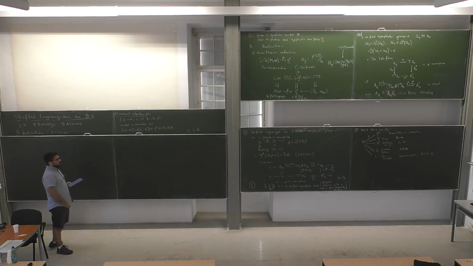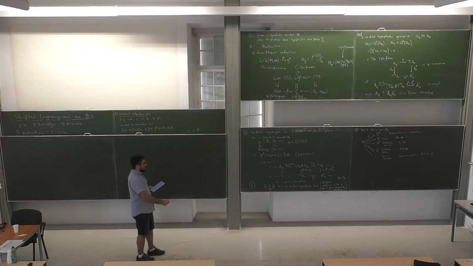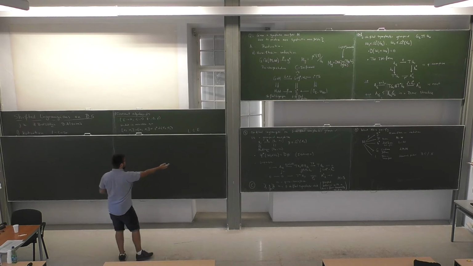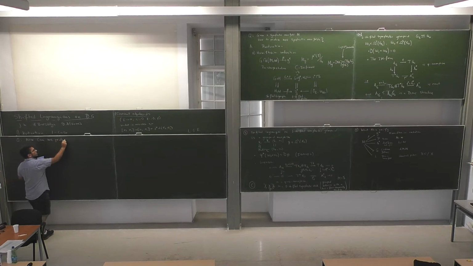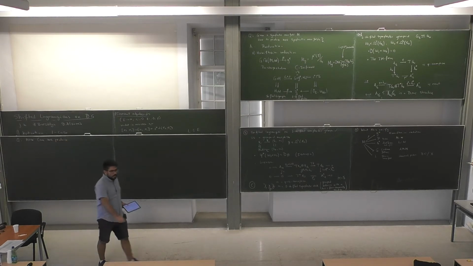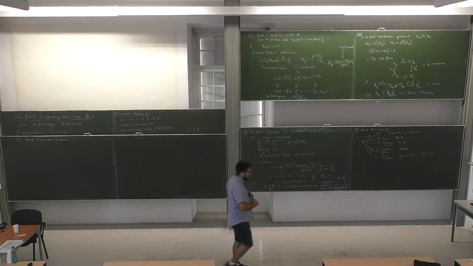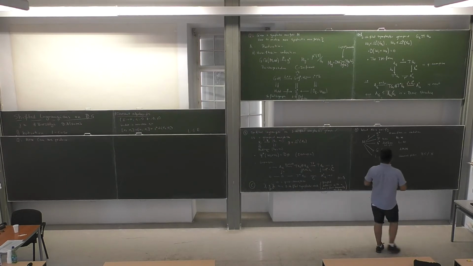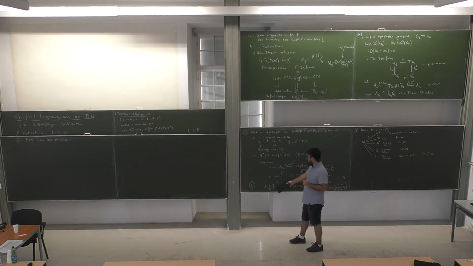So right now, one of the questions is, instead of producing symplectic manifolds, how can we produce something else? So the general construction is this one.